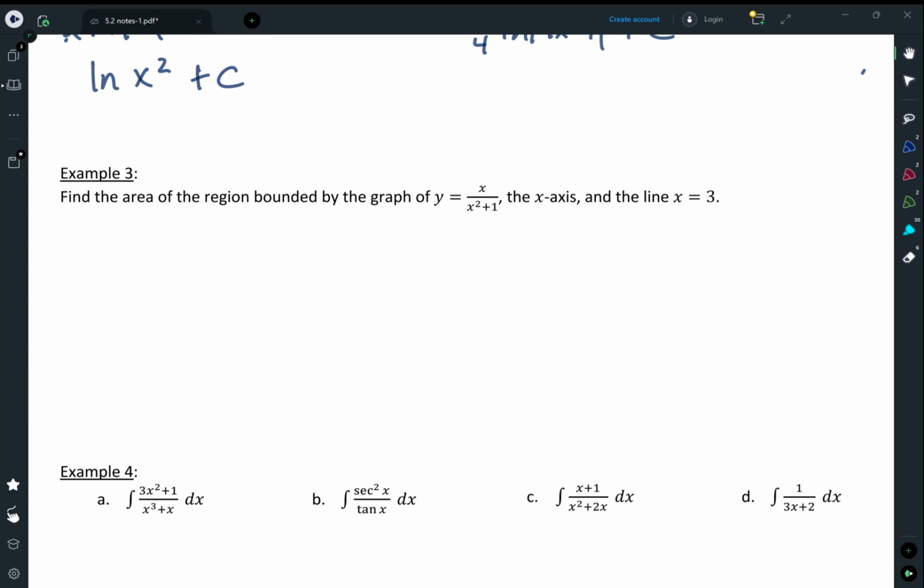So this one, we're looking for the area of a region. So remember, when we think of area, we have to make sure that we look at a graph and know if our region is below the x-axis, above it, what's going on. And this is my function, y equals x over x squared plus 1, the x-axis, and the line x equals 3.